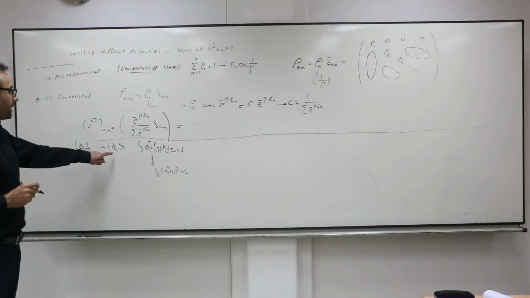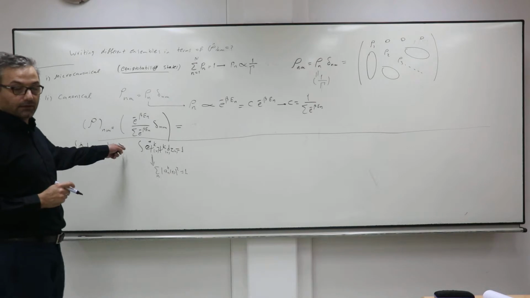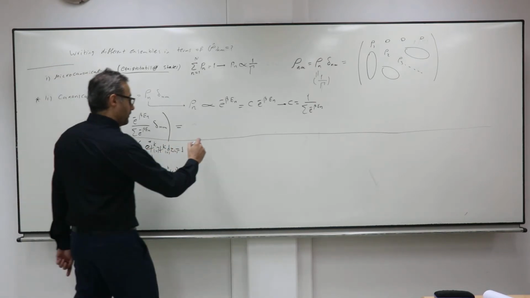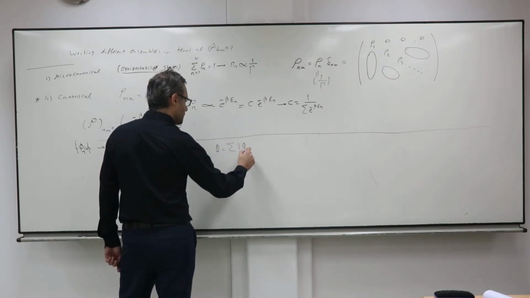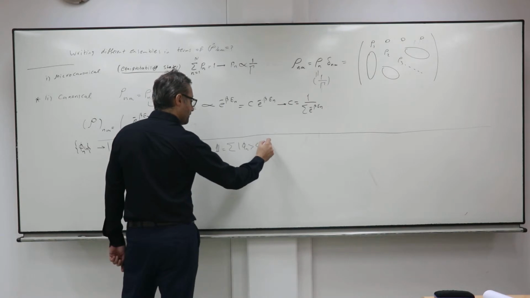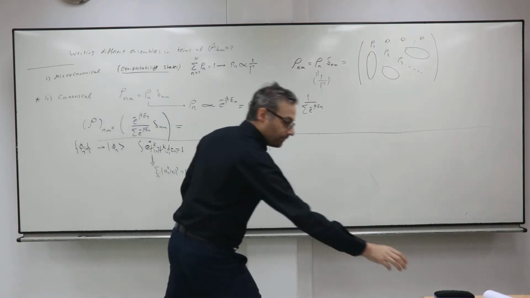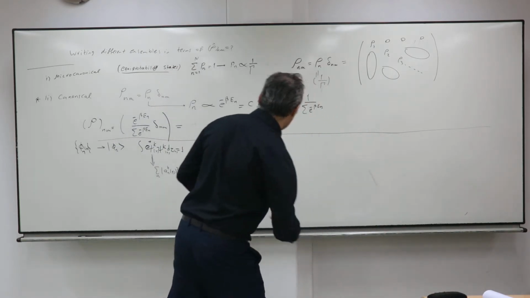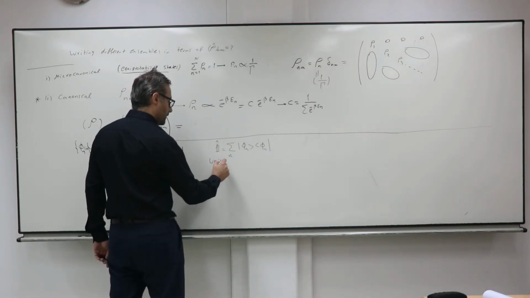If you have the basis functions, like the eigenstates of the particle in the box, or the eigenstates of the harmonic oscillator, I introduced to you something. This is not the number 1, but it's actually an operator which works like 1. We call it the unit operator, the unity operator.